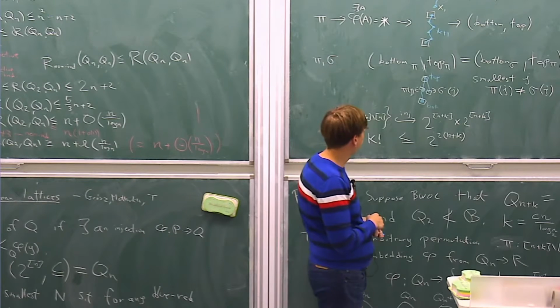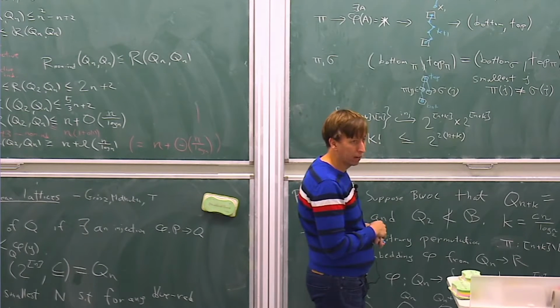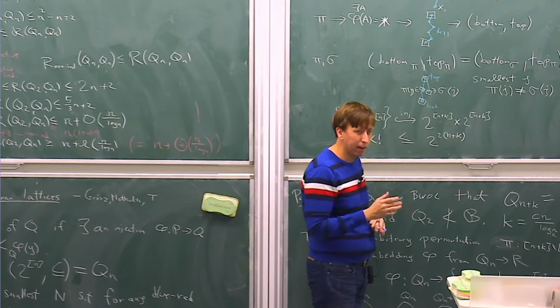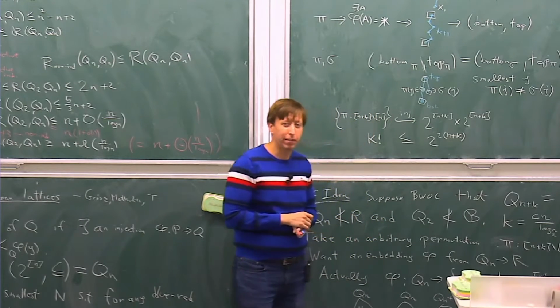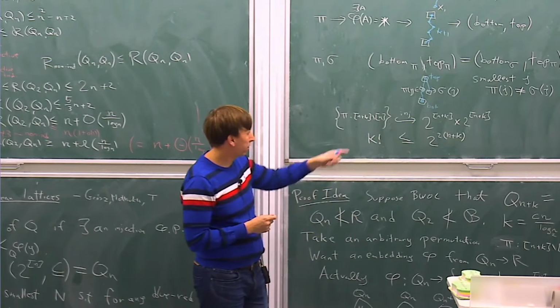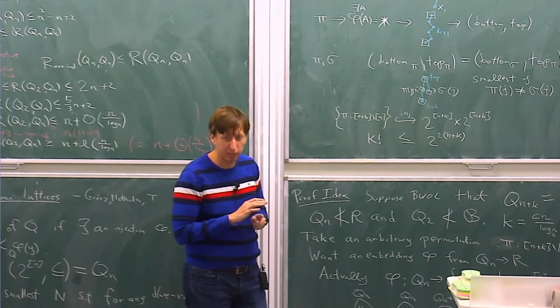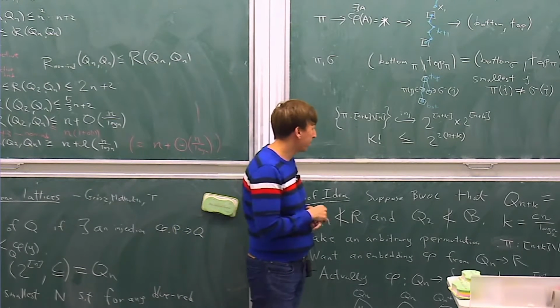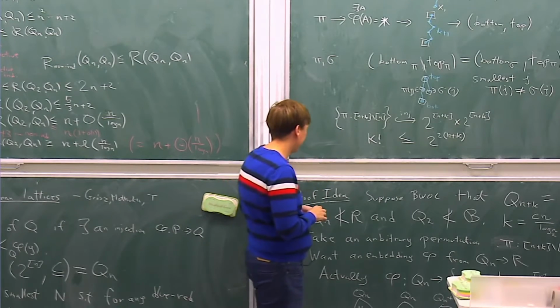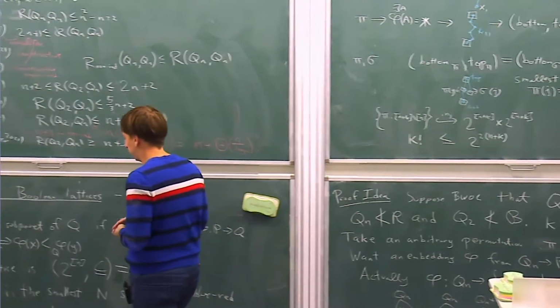I think you're right. I think we can write 2 to the n cross 2 to the n, but it won't matter on the bound.